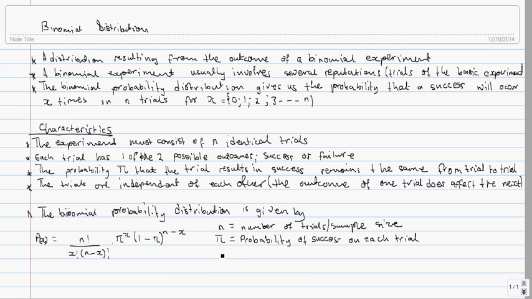And then x, that's the binomial value from 0, 1, 2 up to n.